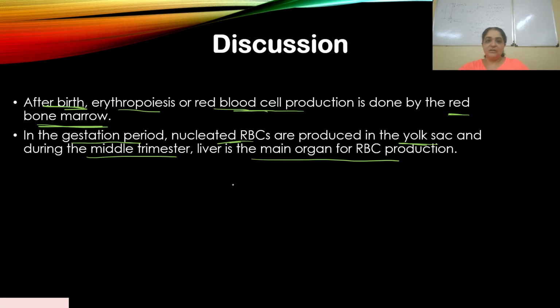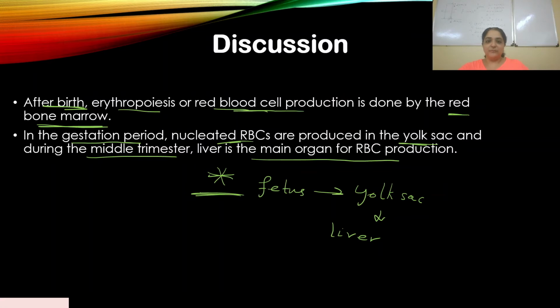So when a mother is pregnant, in the fetus it begins in the yolk sac. This is important information to remember, and then by the middle trimester, it switches over to the liver. So in human beings, after birth it is red bone marrow, and during the gestation period it is the yolk sac, and then by the middle trimester, the liver. Please remember this information. This could also be asked in a question.